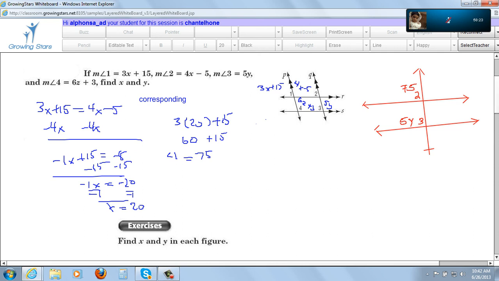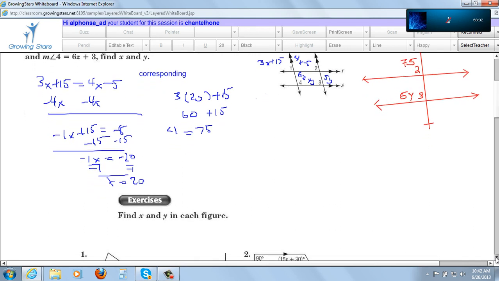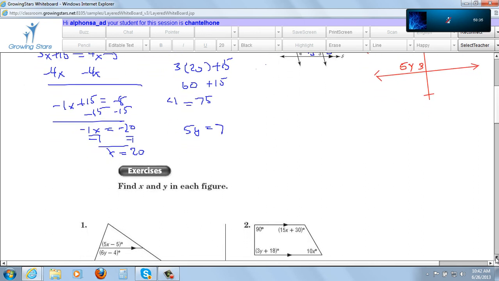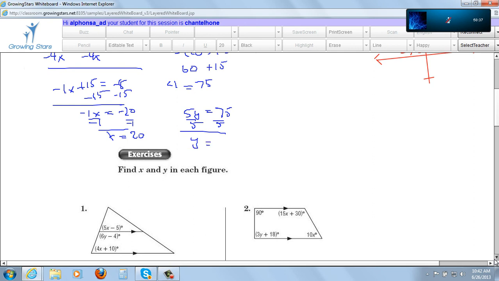Now can you get the value of y? 5y equals 75? Yes. 75 divided by 5 is 15. Okay, good.